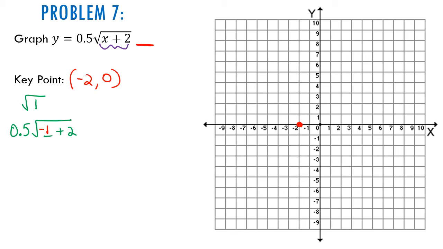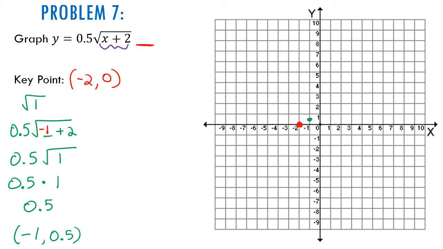Negative 1 plus 2 is 1. So we're going to have 0.5 square root 1. The square root of 1 is 1. Remember, that's going to get multiplied to the 0.5, which gives me 0.5. So I have a coordinate of negative 1, comma 0.5. So we'll just plot it the best we can. It should be about there.